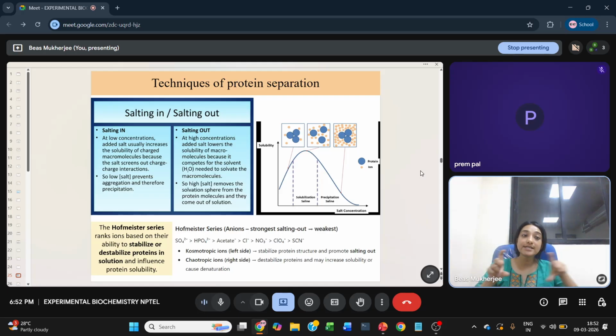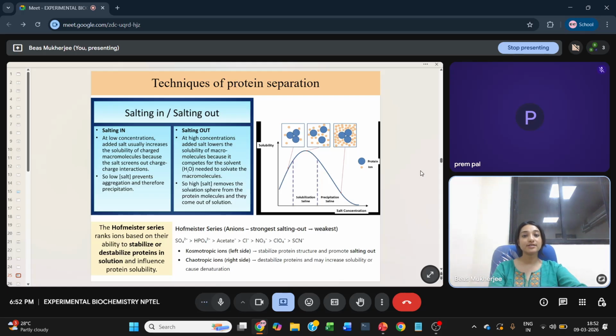Now there is this arrangement of salts and this is called the Hofmeister series. So here a lot of different salt molecules, ions, are all ranked based on their ability to stabilize or destabilize proteins in solution and influence the solubility. So sulfate is the most salting-out causing anion.